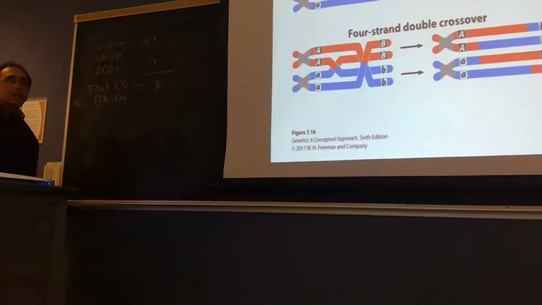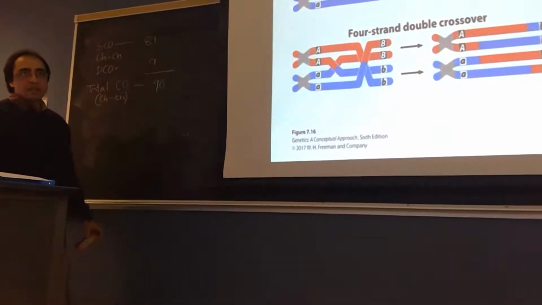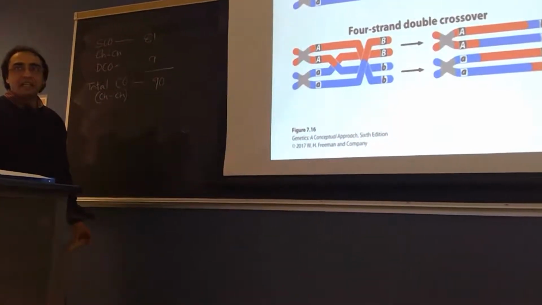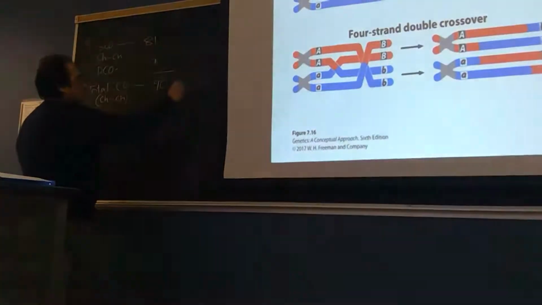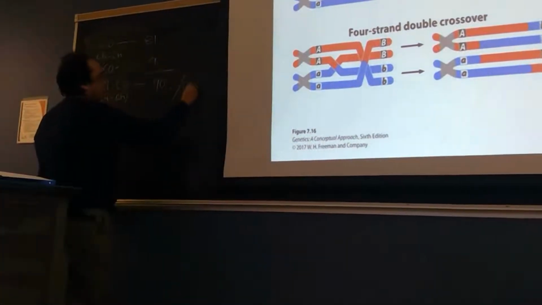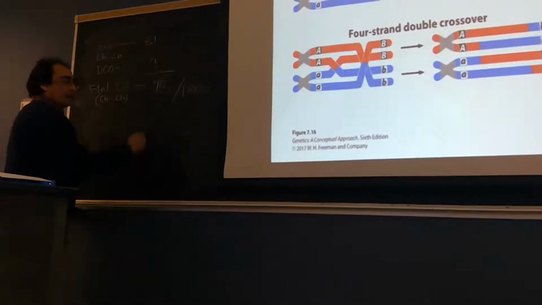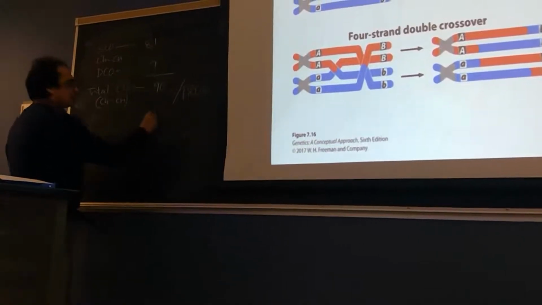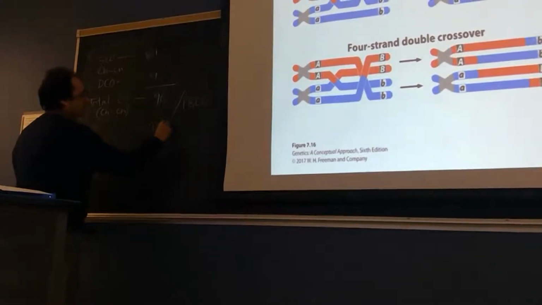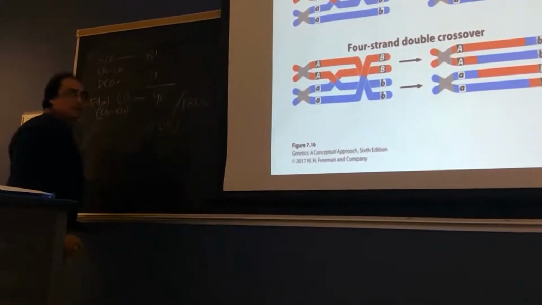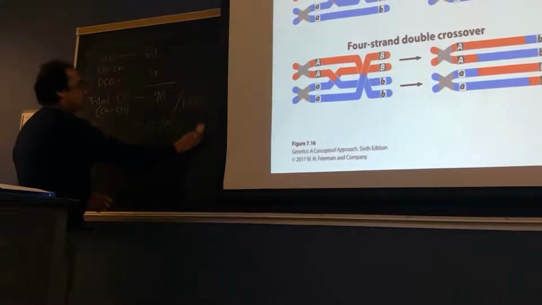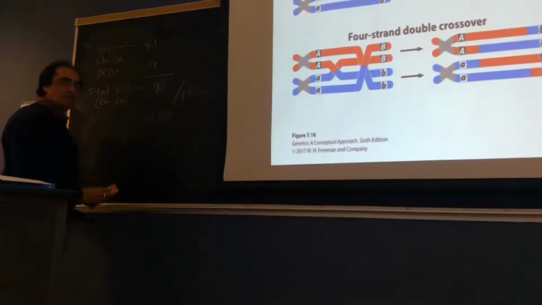Okay. What is the proportion? 90 out of 1800. What is that? How much? 0.05. What is this proportion? Just probability, 0.05.